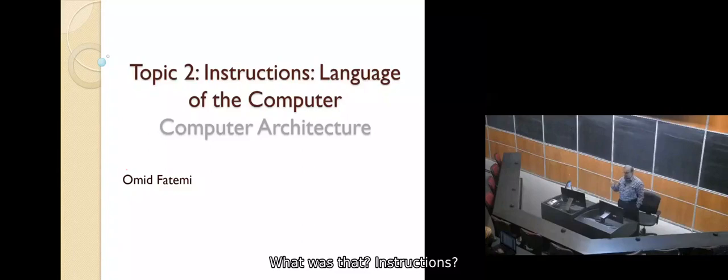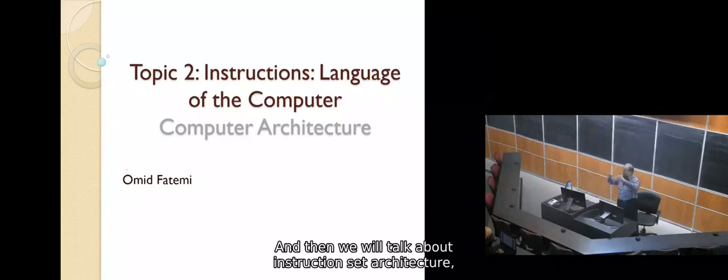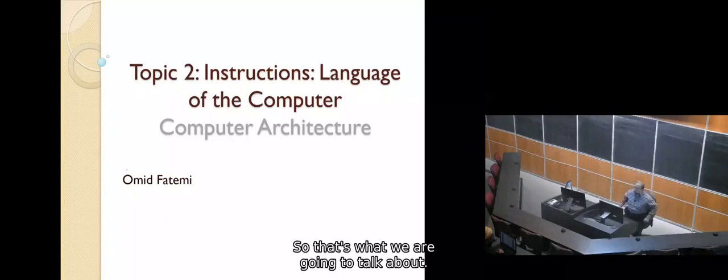What was that? Instructions. And the vocabulary for that is the instruction set architecture. Instruction set, and then we will talk about instruction set architecture, how it works in a processor. Okay, so that's what we are going to talk about now.